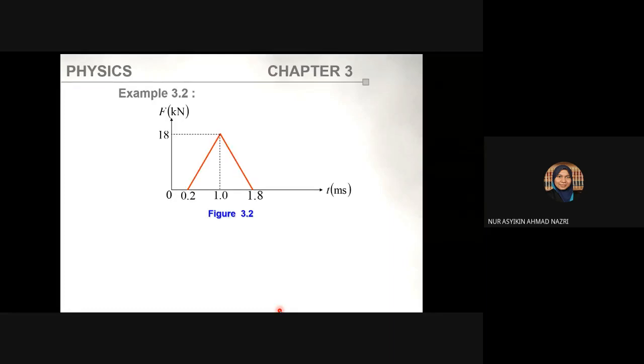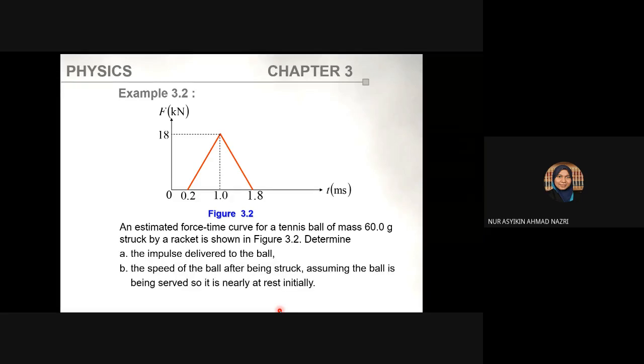Next example, we're going to see an example where the information is on a plotted graph.